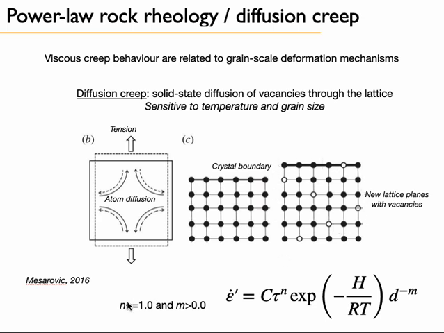This type of creep is expressed with this type of flow law here, where you have the stress to the power n and d, the grain size, to the power minus m. For diffusion creep, usually n is about 1, but m is larger than 1.